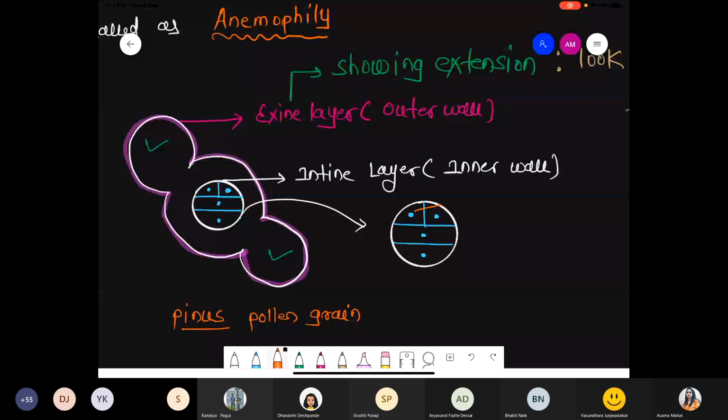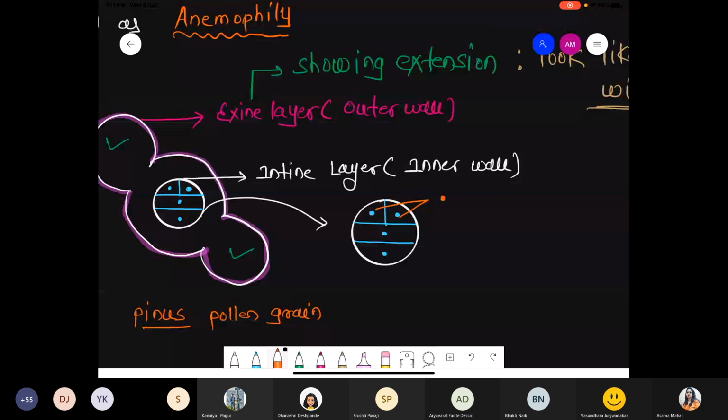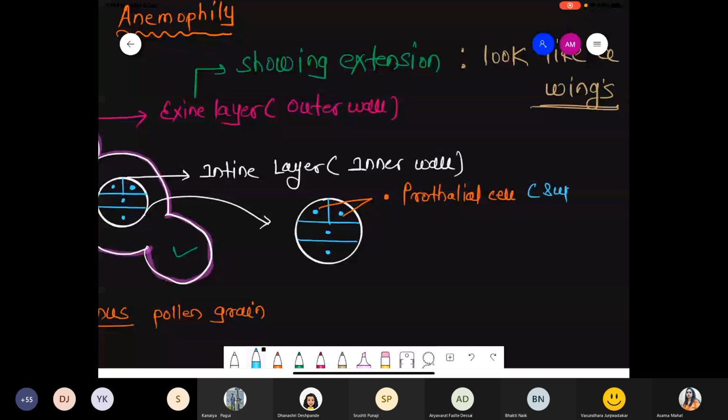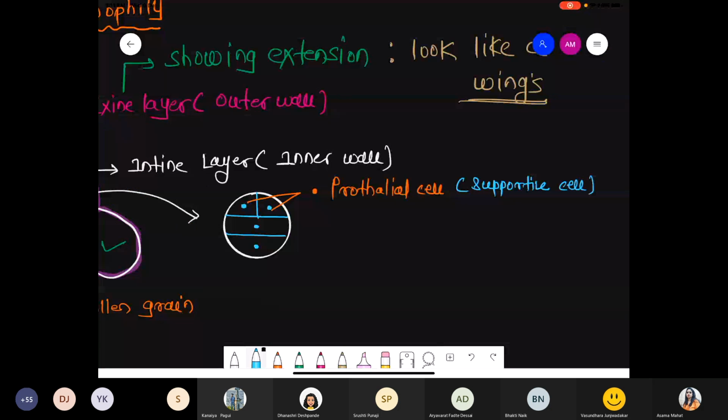These two cells are called the prothelial cells. Prothelial cells are one kind of supportive cell. Just supportive, prothelial cell.